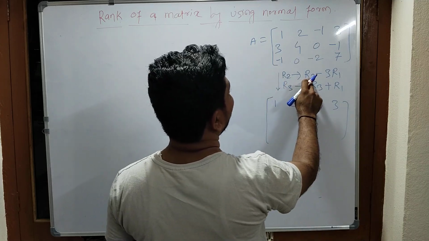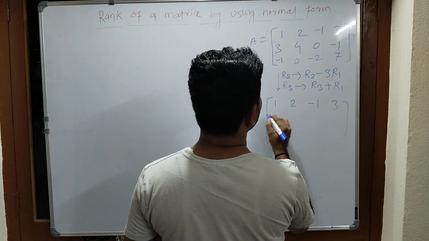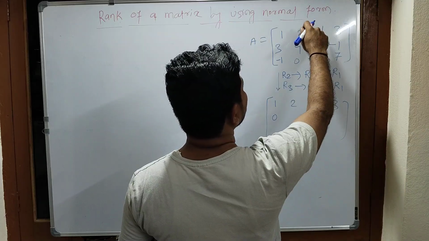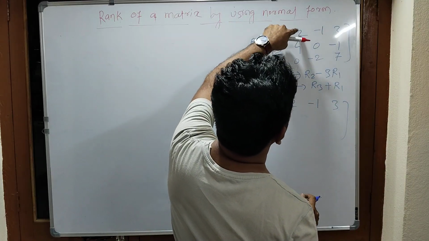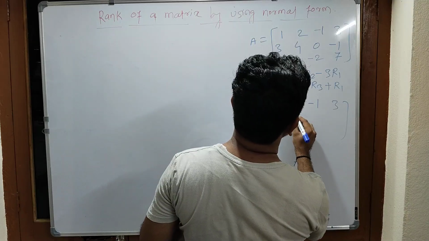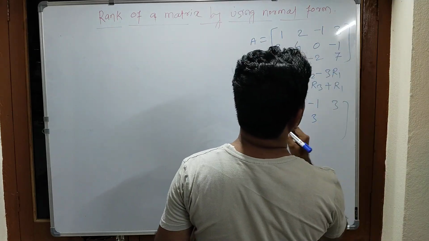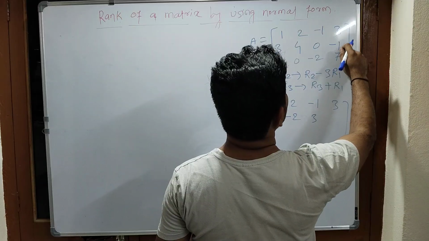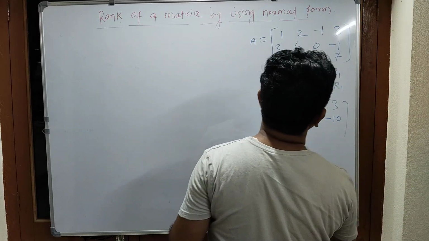Second row, R2 minus 3 times R1: 3 minus 3 times 1 is 0, 4 minus 6 is minus 2, 0 minus minus 3 is 3, minus 1 minus 9 is minus 10.